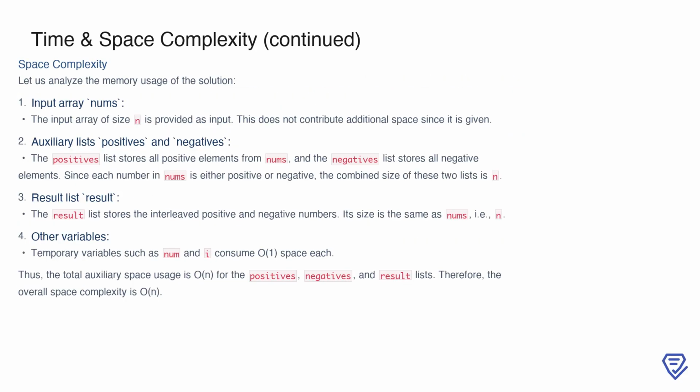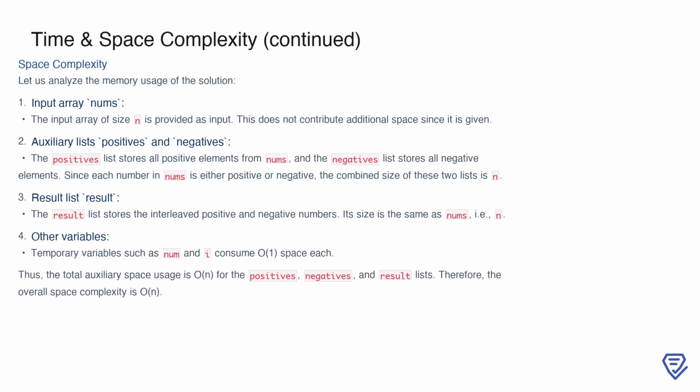Now, let us analyze the space complexity of the solution. The input array nums is provided as part of the problem, so it does not contribute to additional space usage. However, we use 2 auxiliary lists, positives and negatives, to store the positive and negative elements from nums. Since every element in nums is either positive or negative, the combined size of these 2 lists is equal to n, the size of the input array.